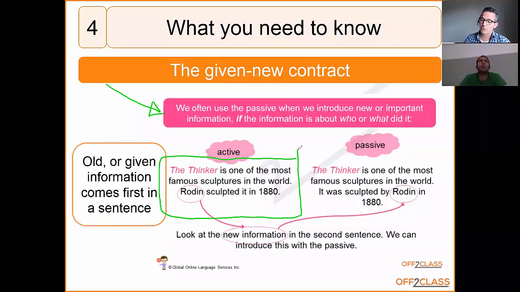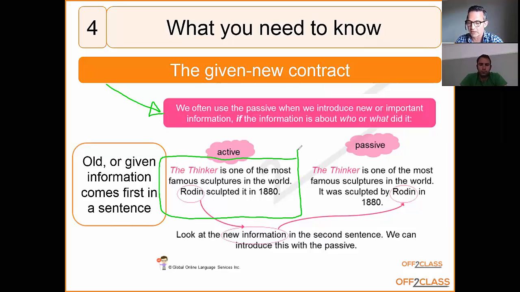When I introduce the given new contract, I give students a lot of controlled activities with a paragraph of text and ask them, after the first sentence, to rearrange the second, third, and ongoing sentences in the passive so that the given new contract applies, and the information that is old is coming to the front of the sentence.